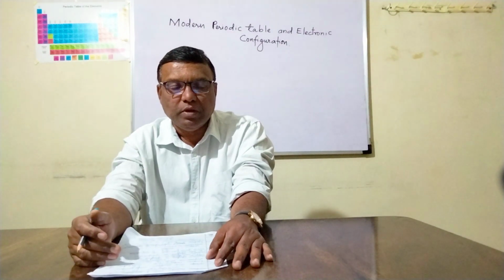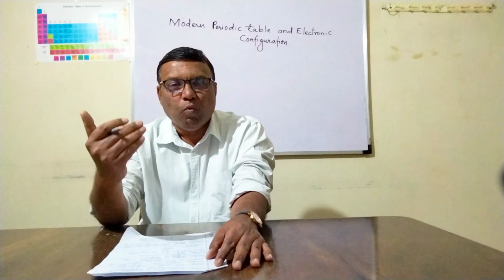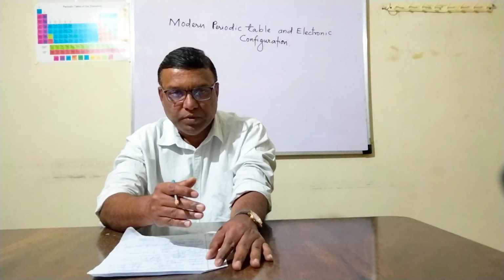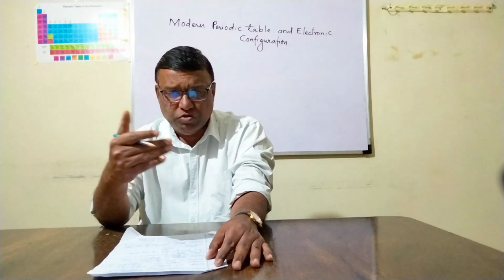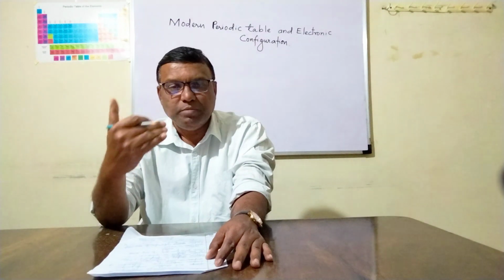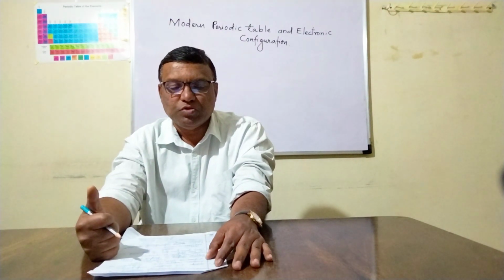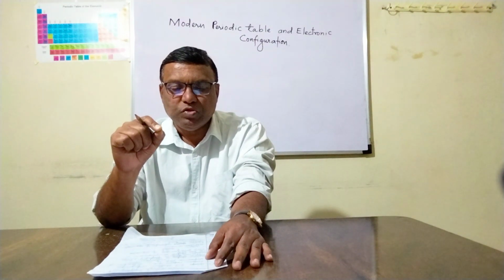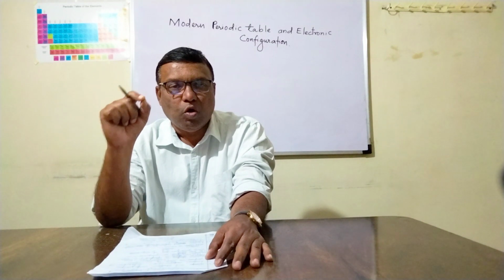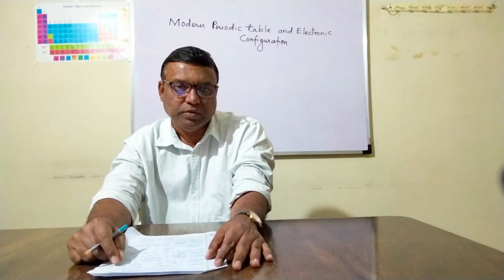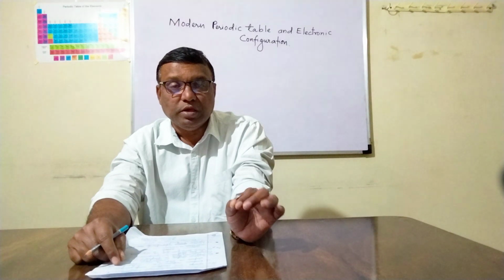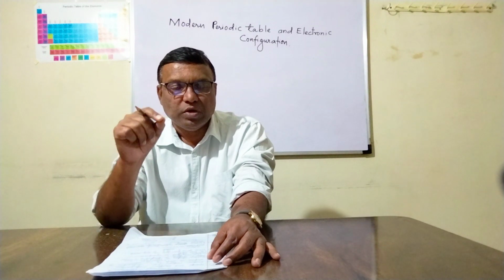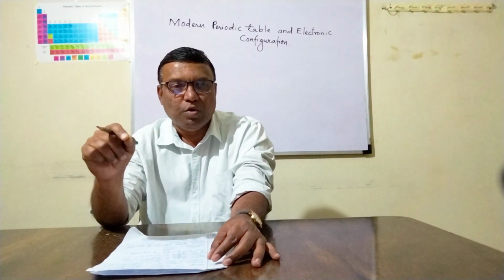First let me tell you what is electronic configuration. If you remember, then also, suppose you are forgetting, then also let me tell you, electronic configuration is the distribution of electrons in different orbits of an atom.